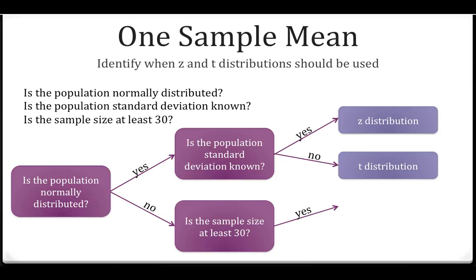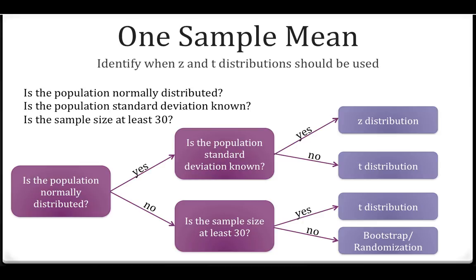In those cases, we use the t-distribution. If the sample size is less than 30 and the population is not normally distributed, then you would go back and use the bootstrapping and randomization procedures that you learned earlier in the course. In this lesson, what we're focusing on is the t-distribution method.